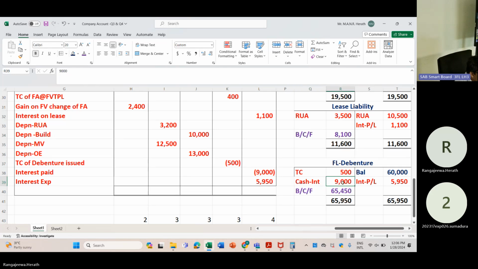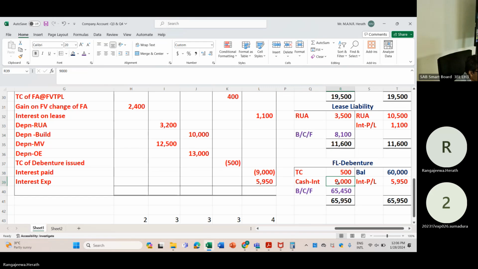At the effective interest rate, the debenture account is credited. But they have done interest paid credit cash and debit to the interest finance expense. So we remove from the finance expense, credit finance expense and debit.